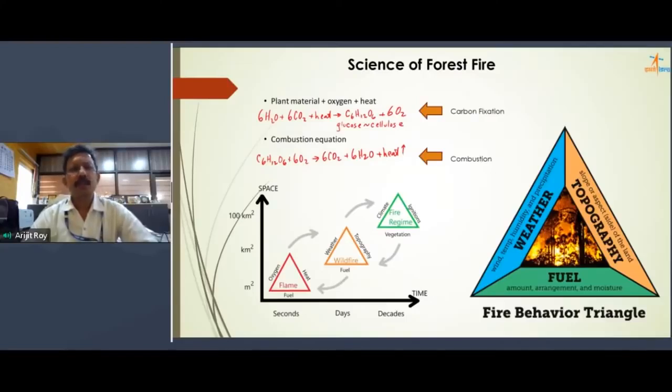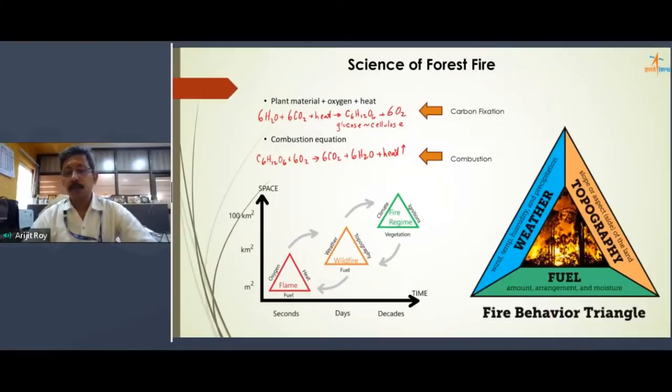It's basically the plant material, which is fixed by the green plants through photosynthesis, the cellulose. When this cellulose burns, it produces carbon dioxide, water, and heat. So the availability of fuel is a very, very important factor in any fire activity.